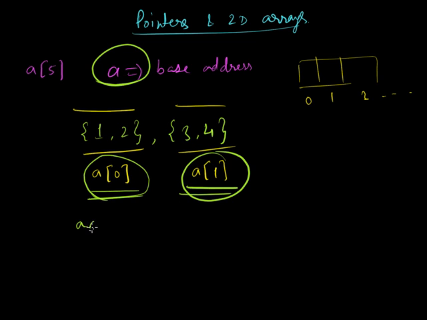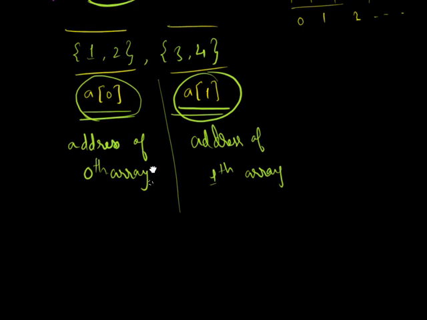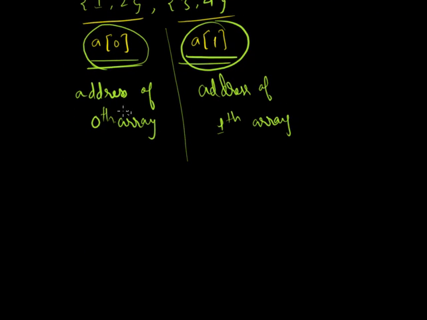So this will give nothing but the address of the 0th array, and this will give the address of the 1th array. 1th array means the 1th row. Okay. So let us now associate this with pointers.